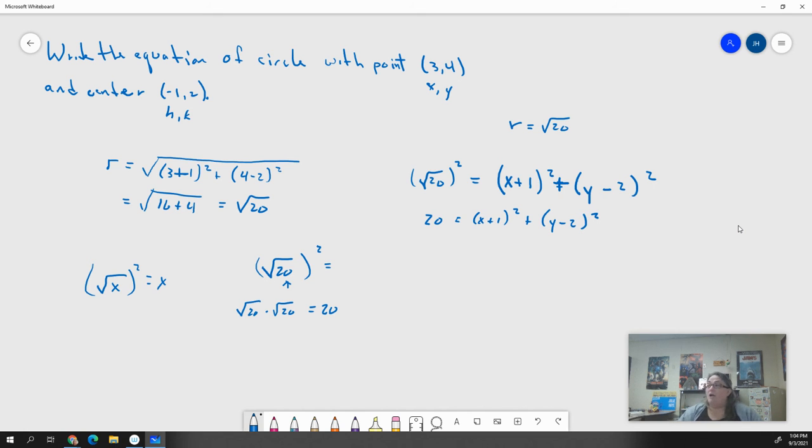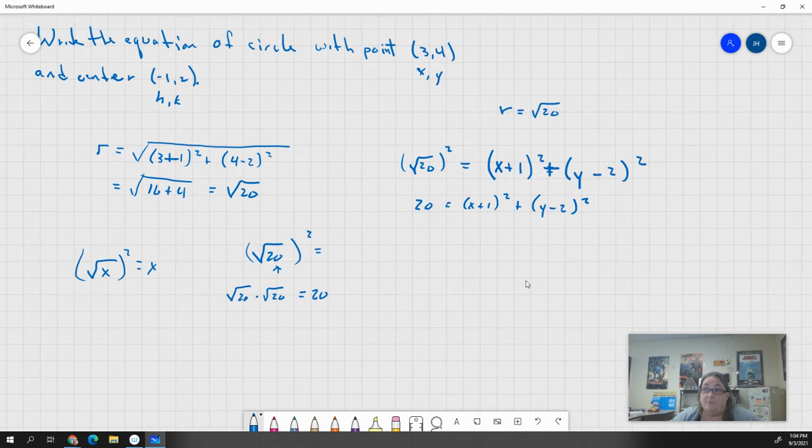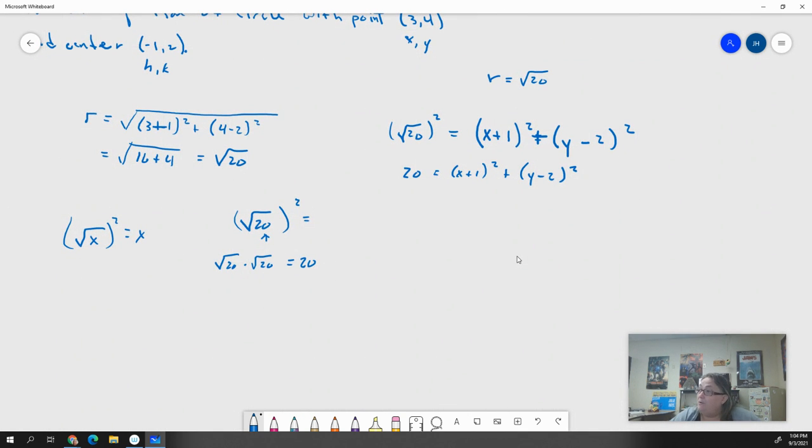And what's awesome about this is with this information, I can graph a circle if I want, right? Because I know I have a center point. My center point is 1, -2. And every single point around it is going to be exactly the radius away from that point.